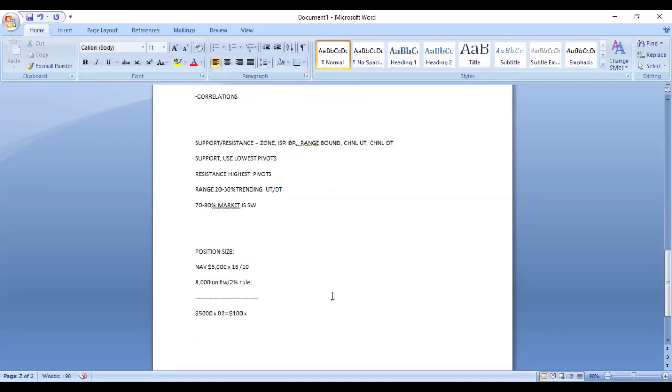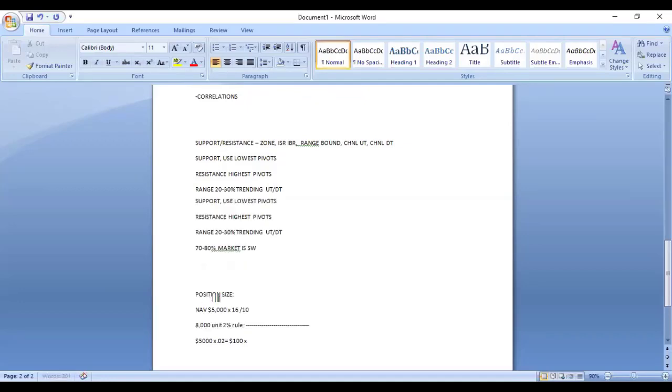To be even more conservative, whatever your NAV is, you can use that same size of units, so 5,000 units. You guys would choose which one you want. If you multiply by 16 and divide by 10, you can use 8,000 units.